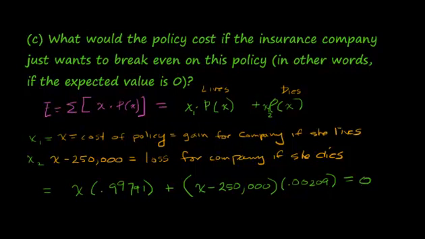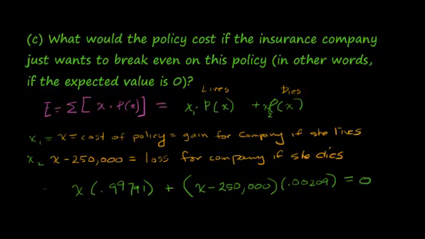So this is what we set up. Now we've got an equation here. We want to know, what is X? If X times the probability that she lives plus the cost of the policy minus what they pay out times the probability that she dies is 0.